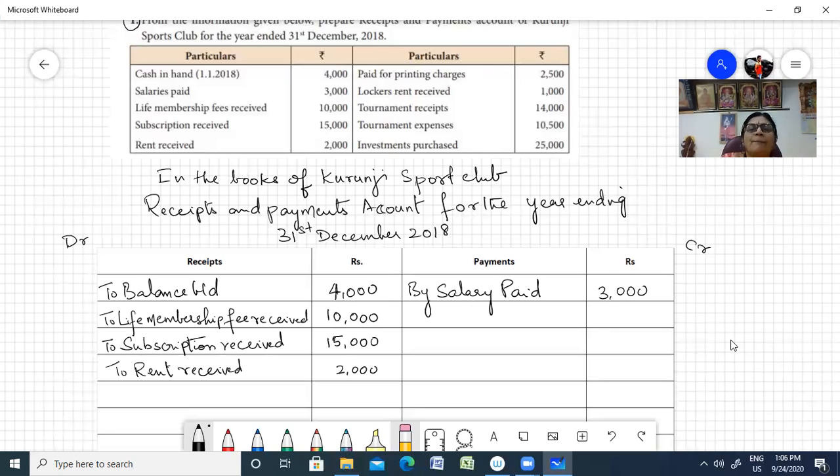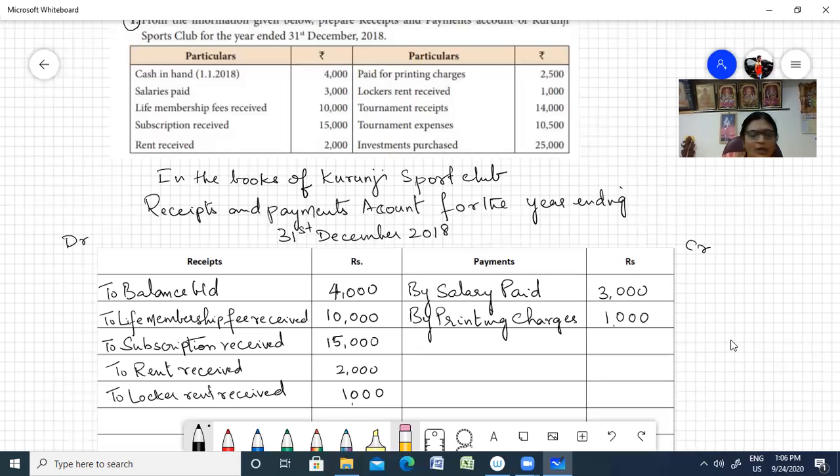Okay. Paid for printing charges. So by printing charges, 1,000. Okay. Locker rent received. So to locker rent received, 1,000.